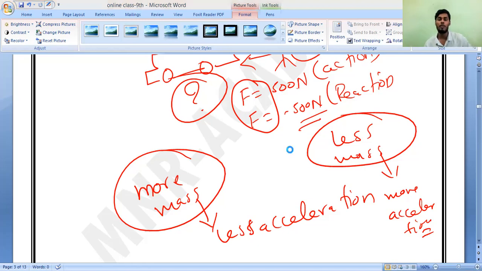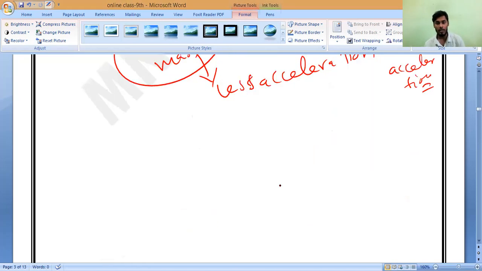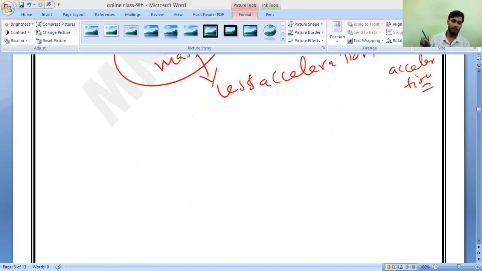This is the most important point which you have to remember. Even though the action and reaction are equal in magnitude, the acceleration produced in the two bodies on which they act is not the same because they have different masses. Do you understand, all of you? Yes, sir.